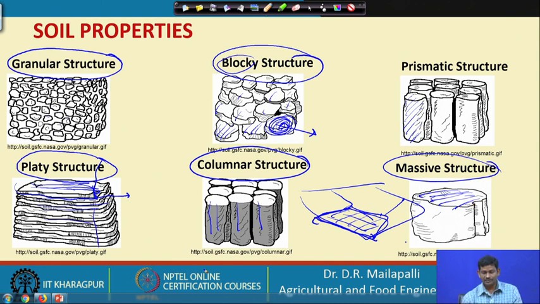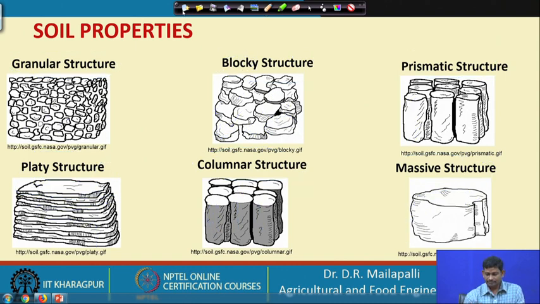So, what we observed here is that soil particles can be arranged together to form different shapes like granular, blocky, prismatic, platy, columnar, and massive structures. How these structures influence the water movement is our main intention here.